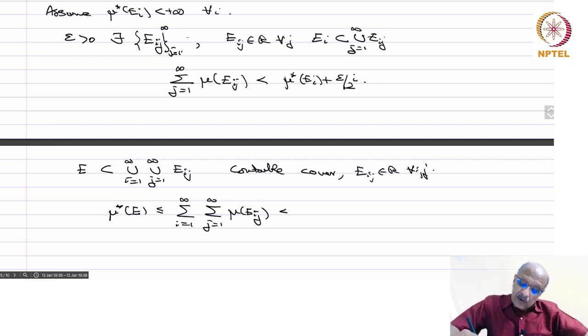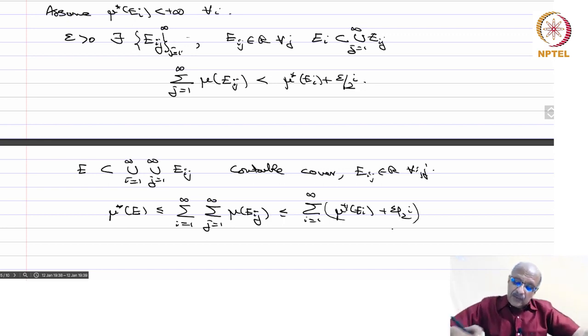which is less than or equal to, by our assumption, the sum over i equals 1 to infinity of mu star of E_i plus epsilon by 2 power i. Now the second one is nothing but a geometric series which adds up to epsilon, and therefore that is equal to the sum over i equals 1 to infinity of mu star of E_i plus epsilon.